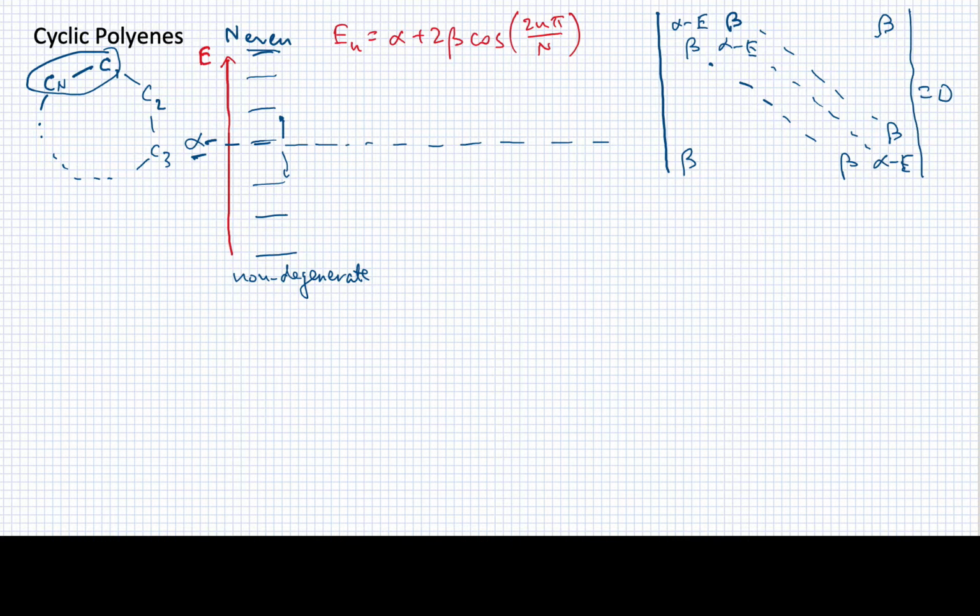How does this change when we go to a cyclic polyene? So I'll just clarify, this is linear. For a cyclic polyene, I end up having one state that's non-degenerate at the very bottom, but then every other state as I'm climbing the ladder here of molecular orbitals are doubly degenerate.